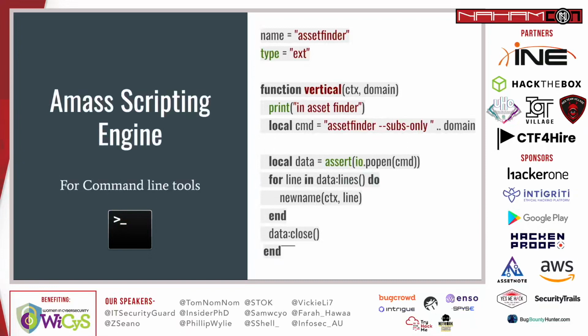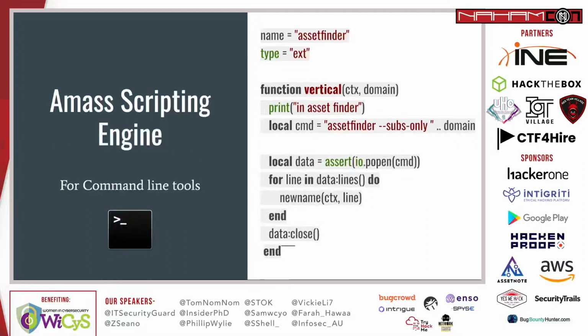In my case, I was writing one for the tool Assetfinder, and then you define the type of the script, which in this case is an extension. What you do next is also pretty straightforward. You create a function, you provide it with the arguments, and you simply specify the local command that the script will execute. In this case, I will tell the script to run Assetfinder with the argument of subs-only and give it the domain variable.